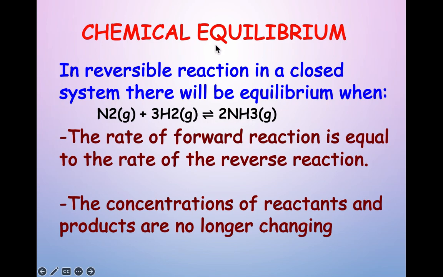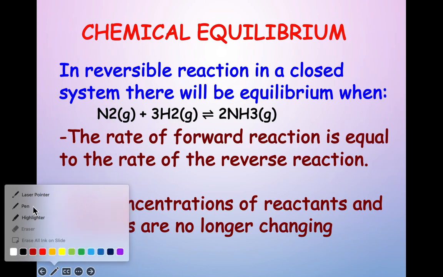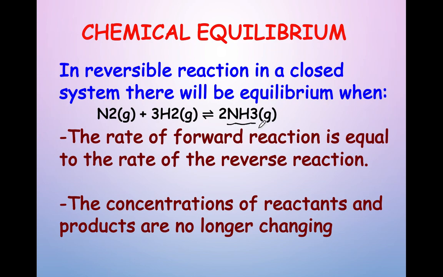So in chemical equilibrium, we have two meanings for this definition. First, the rate of the forward reaction is equal to the rate of the reverse reaction. For instance, we have here a reversible reaction: nitrogen gas reacts with hydrogen gas to give ammonia.